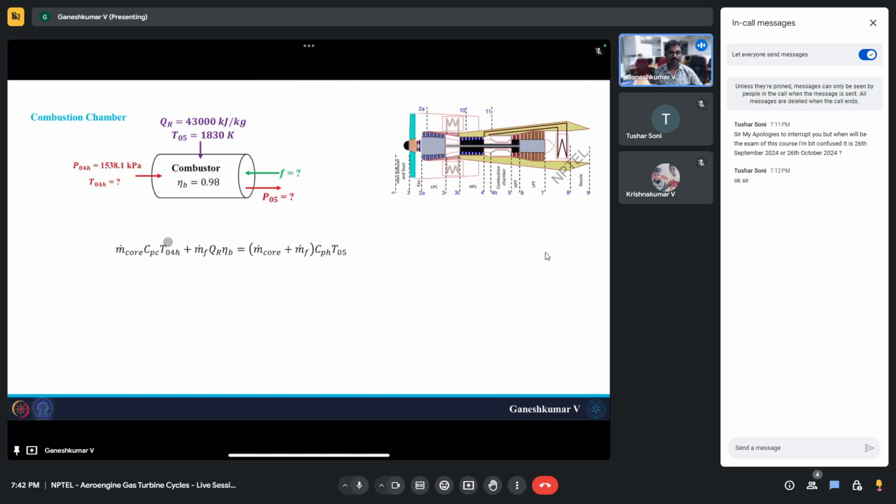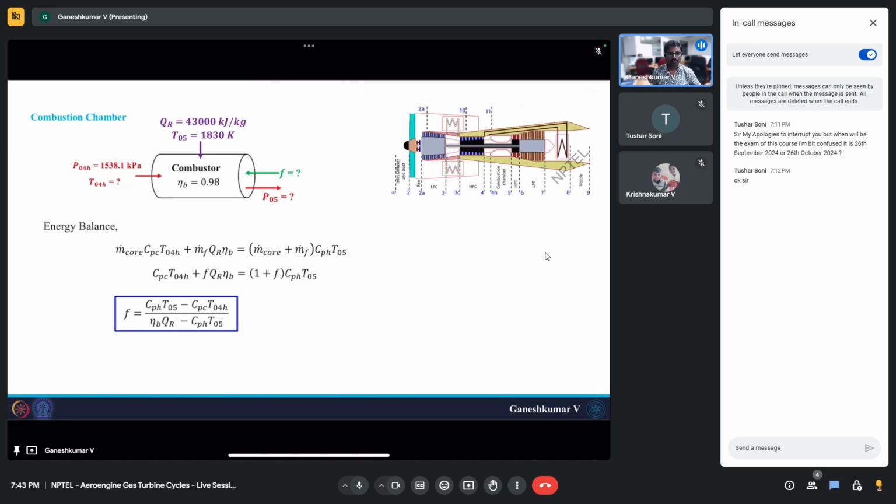On top of it, we are adding some energy through fuel, which is m dot f QR eta B, since we also have burner efficiency. This will be equal to (m dot core + m dot f) CPH times T05. T05 is the turbine entry temperature, which we know. So we can rearrange this and get a relation for f.